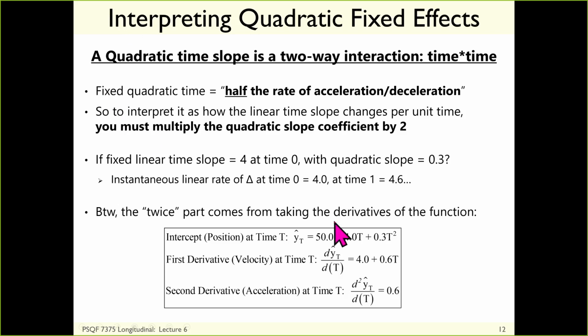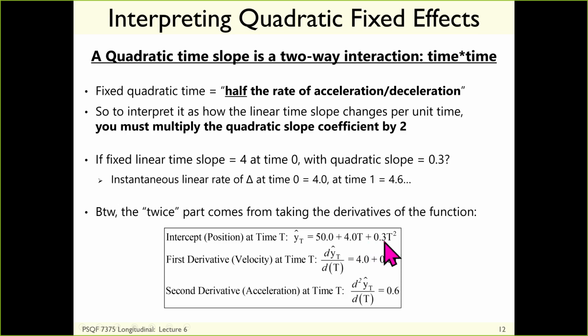So what I'm talking about is taking the first derivative of a smooth continuous function and then taking the second derivative of the same function. The rules for doing that, like if I were to take the derivative with respect to time, let's say I have a function that looks like this. I have an intercept of 50, I have a linear slope for the effect of time of 4, and I have a quadratic slope that's, say, 0.3.